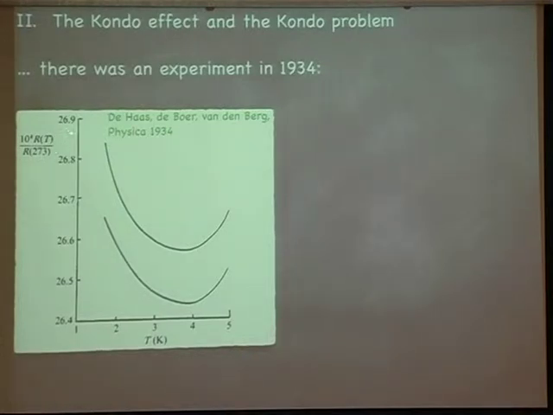And what they did is they measured, this was after the discovery of liquid helium, so you could cool down things to very low temperatures. Here you see the scale is a few Kelvin, and I think this was gold or some metal. And what they observed is that the resistance as a function of temperature went through an unexpected but wonderfully developed minimum.